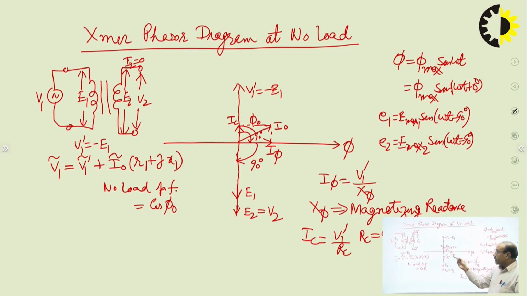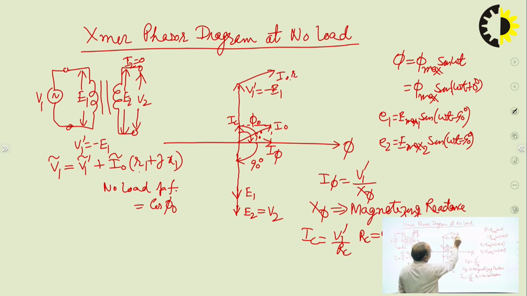So if we include this in the phasor diagram, according to this primary side voltage equation, this line is representing V1 dash. I0 R1, the voltage drop in the primary winding resistance, will be in phase with I0, so we take I0 R1 here for addition with V1 dash, parallel to I0.